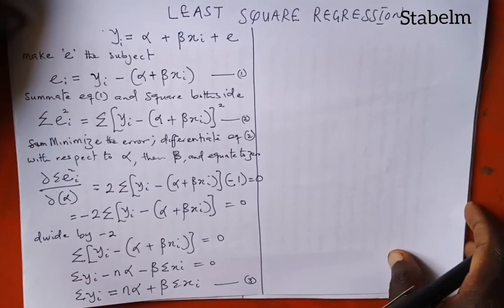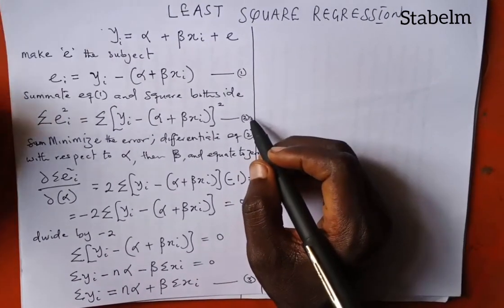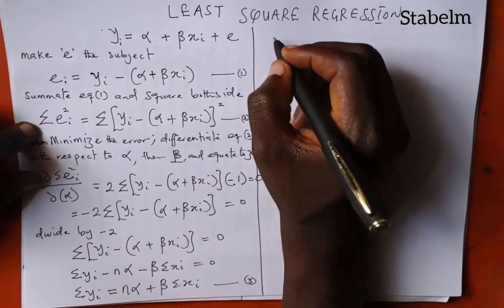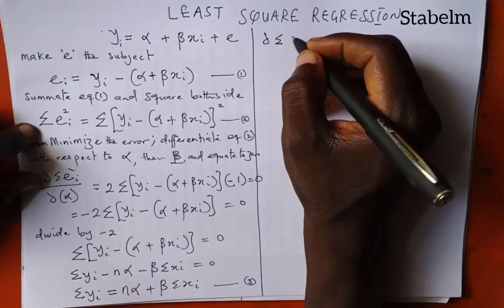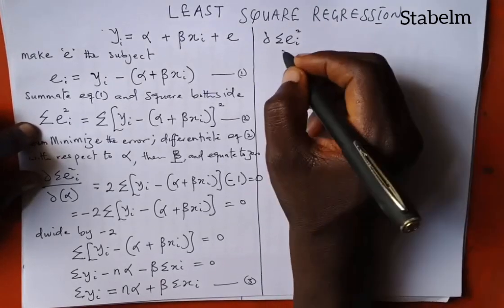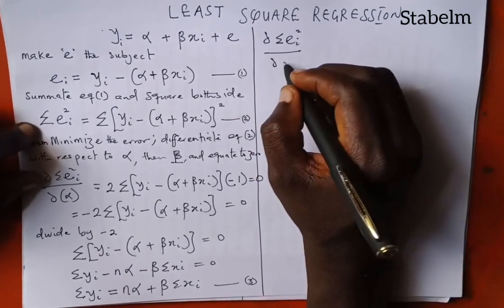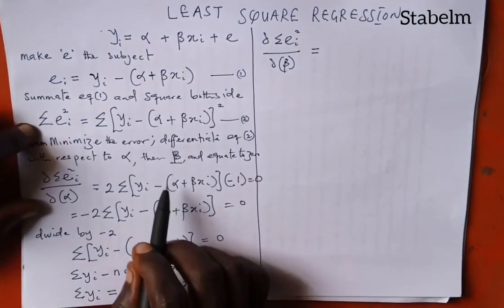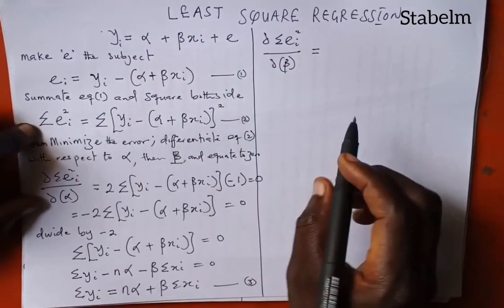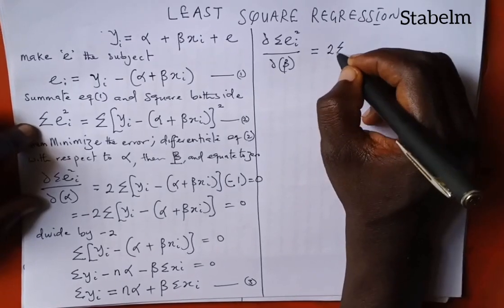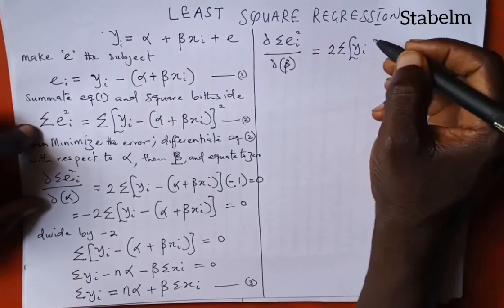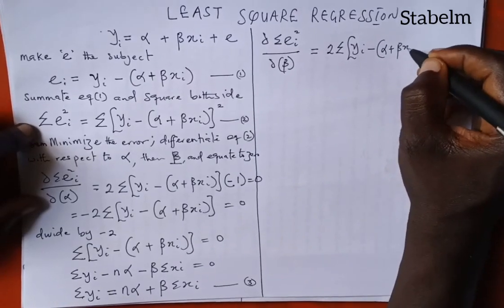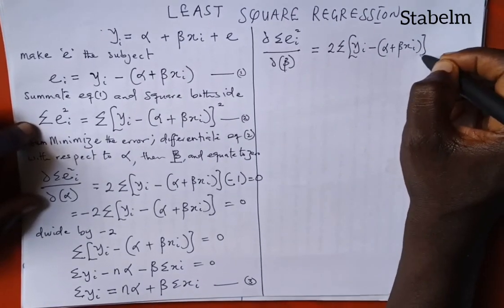Now we need to move back to equation 2. We want to differentiate equation 2 again, now with respect to beta. Then we have the derivative of summation e subscript i squared with respect to beta equals, the same way we differentiate this, 2 multiplied by the unit of this, so we have 2 summation y subscript i minus alpha plus beta x i.